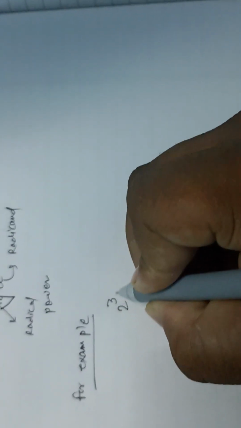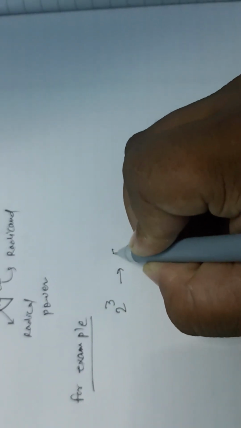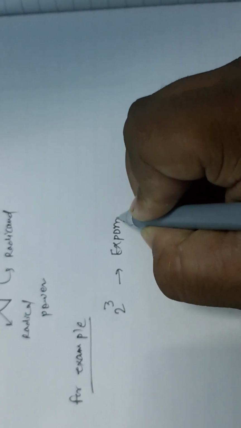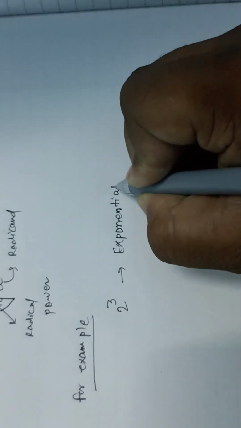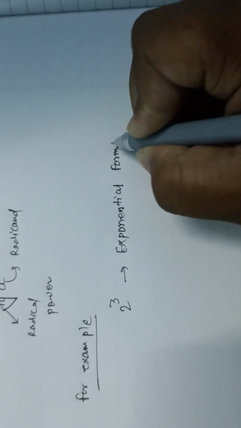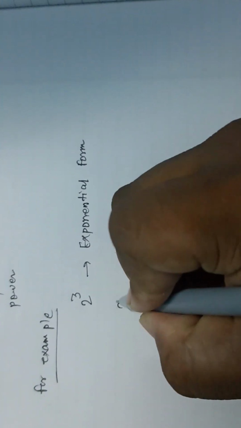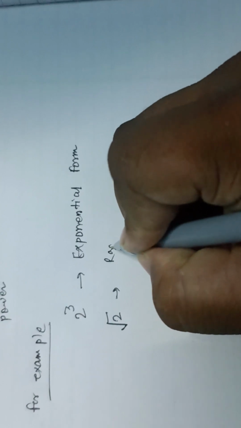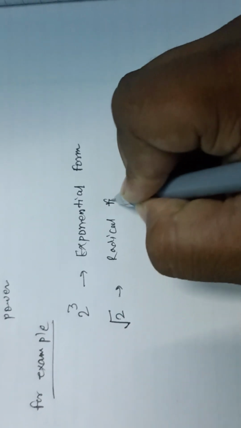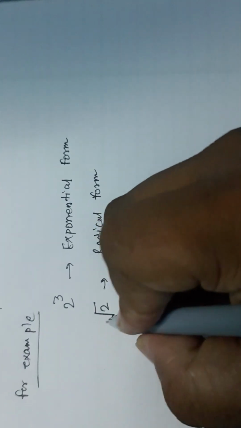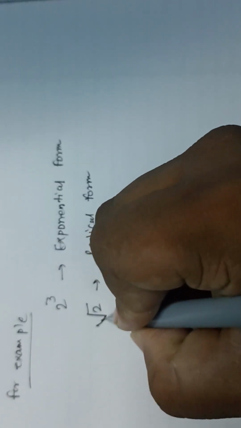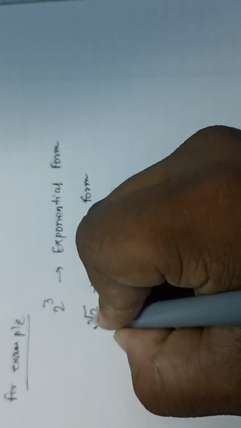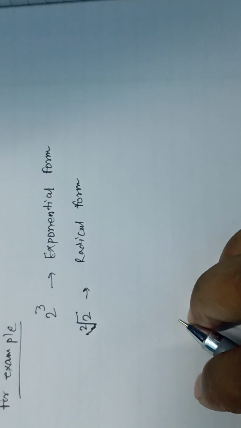For example, 2 to the power 3, this is exponential form. And 2 to the power half, or you can write it root 2, this is called radical form. And we have radical power as 2, which is understood.